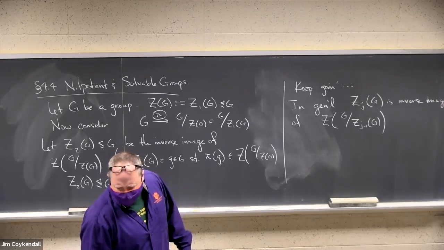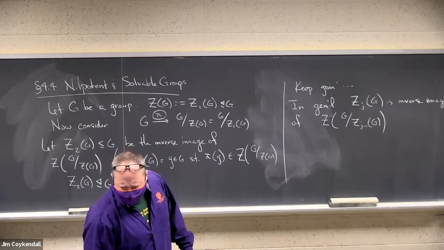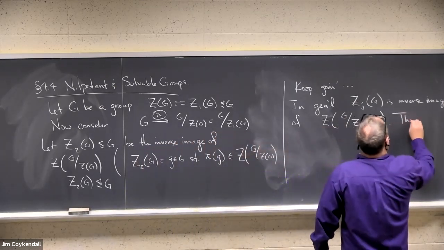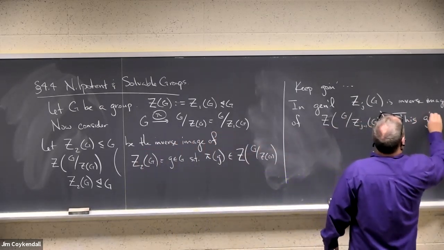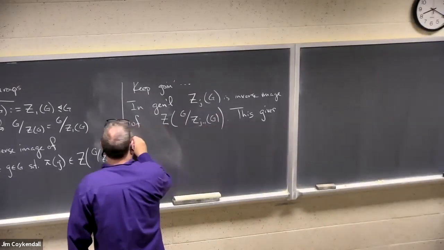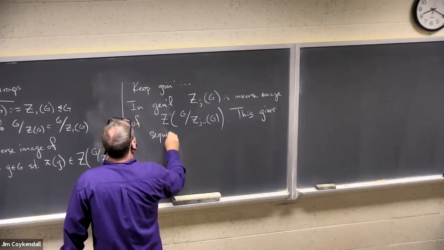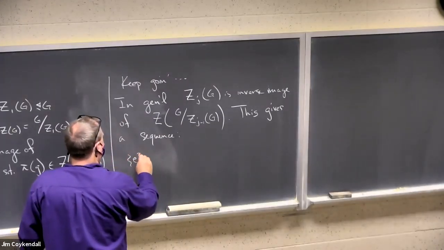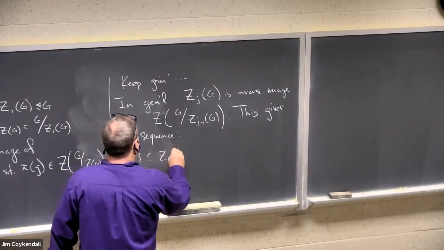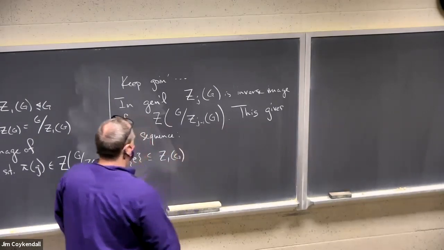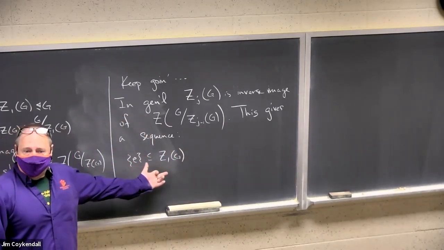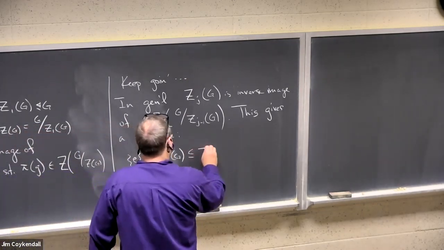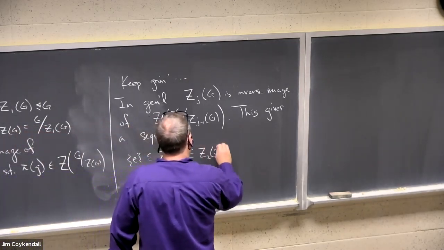So what this gives rise to is a sequence: the identity contains Z1(G), which is the center of the original group G, inside Z2(G).